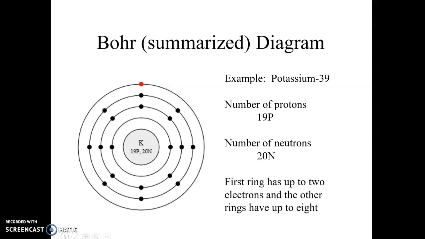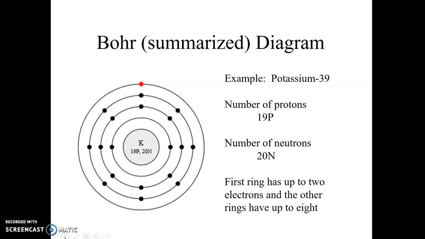And then we use dots in rings around the nucleus to represent the energy levels where the electrons are located. Now, this is called a Bohr model because it looks like orbits around the nucleus, like Bohr described them. However, that's not what we currently think they behave like, but it is a good way to diagram what it looks like.